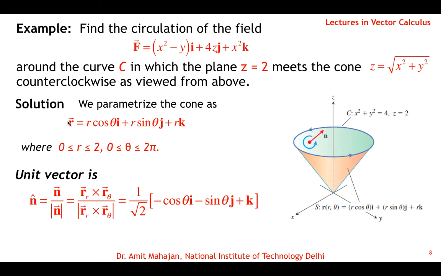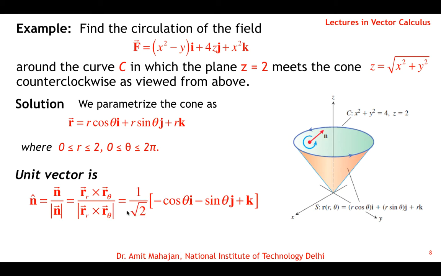The r derivative with r is cos theta i plus sin theta j plus k, and the r derivative with theta is minus r sin theta i plus r cos theta j plus 0. Then we can calculate the cross product using the determinant. You will find this value, and then divide by its magnitude, which is the square root of cos square theta plus sin square theta plus 1.